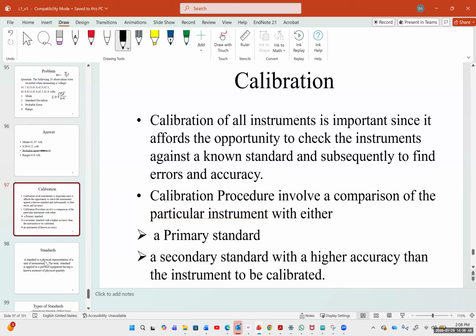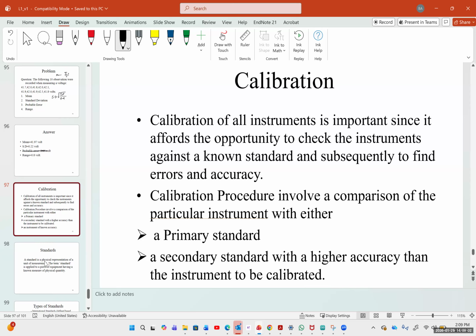Now, calibration is an important part of all instrumentation tools, since it affords the opportunity to check the instruments against a known standard and subsequently to find errors in accuracy.